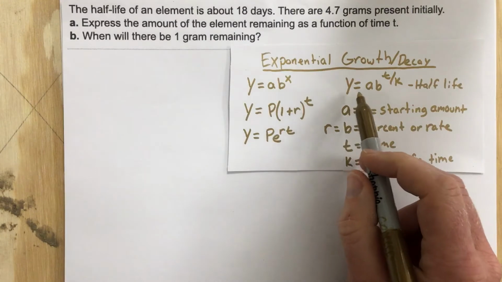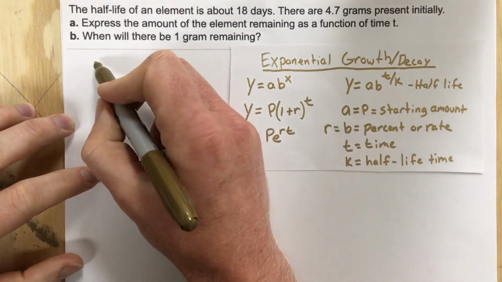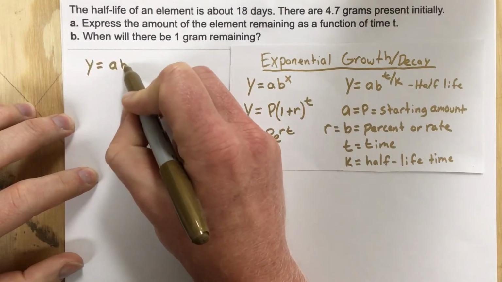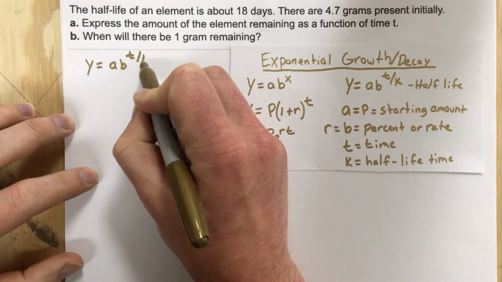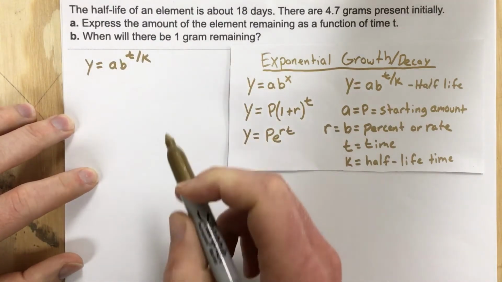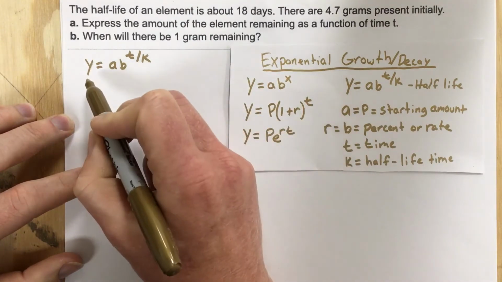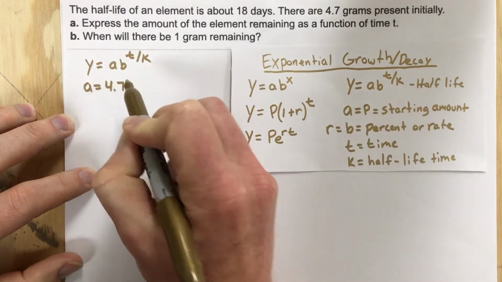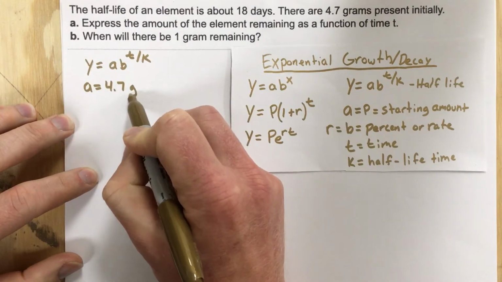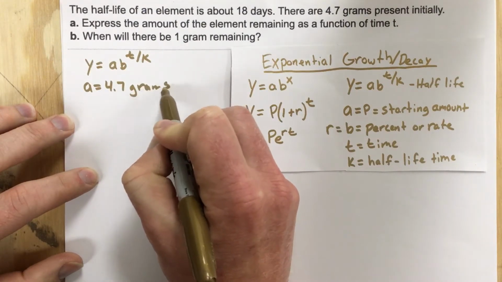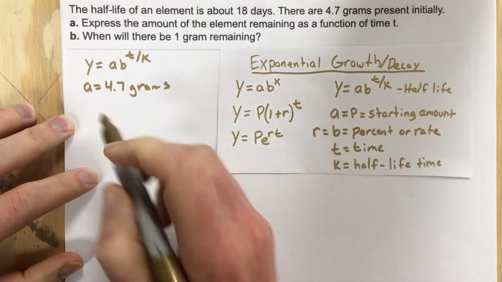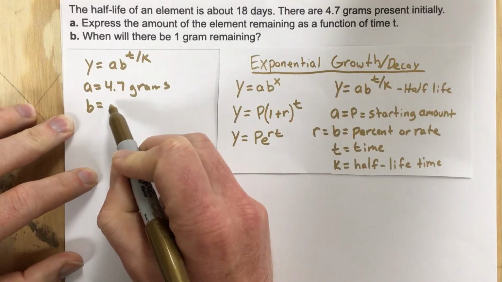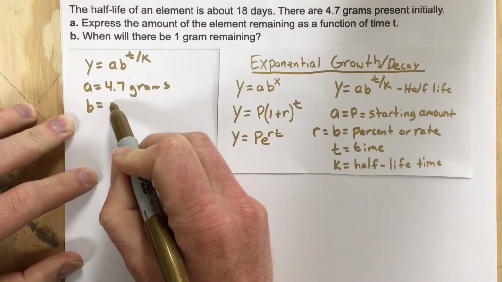So let's go ahead and start by writing y equals AB to the t over k. And let's start filling in some stuff. So we know that A is going to be 4.7 grams. We know that B is going to be 0.5 or 1/2, whichever one you want to use. I'm going to use 0.5.